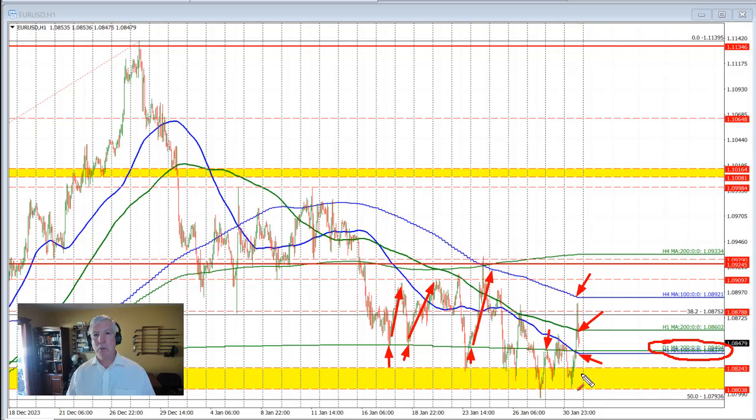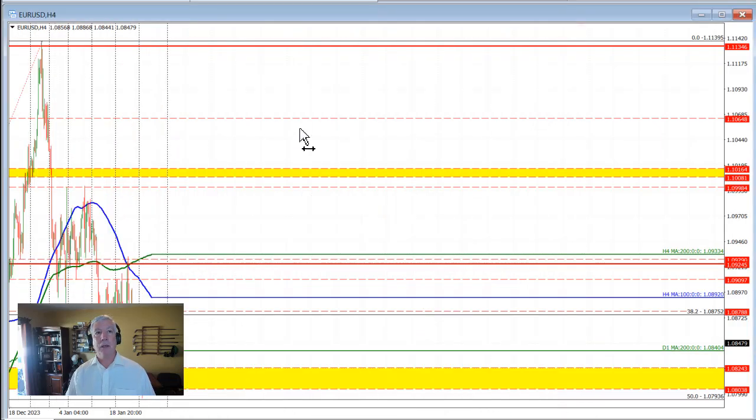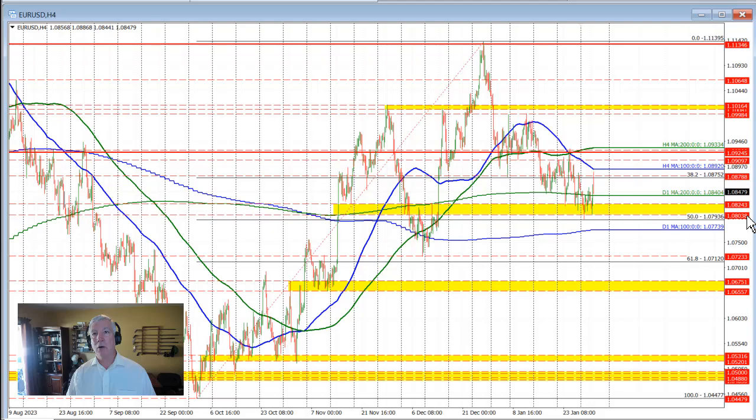On the downside, if we do break below that level, I'm going to switch this to the 4-hour chart. I think you can see it better. The swing area between 1.0803 and 1.0824, the low price in trading here today did find support buyers against the low of that area right through here.